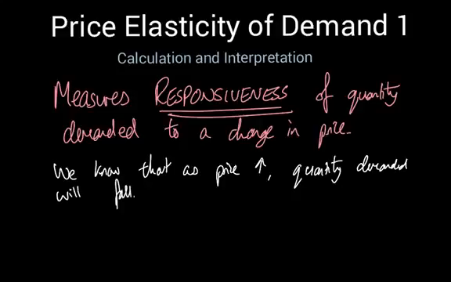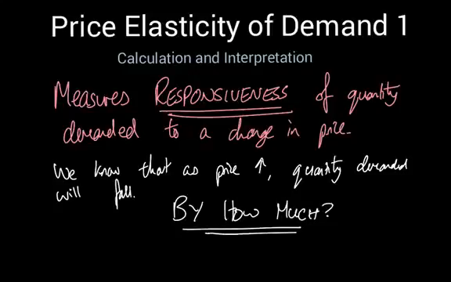Elasticity tells us, I suppose, the answer to the next most important question, really, which is by how much. So we know that there will be a reduction in quantity demanded because we know that the demand curve slopes downwards. What this is telling us is that as the price rises, by how much will quantity fall?